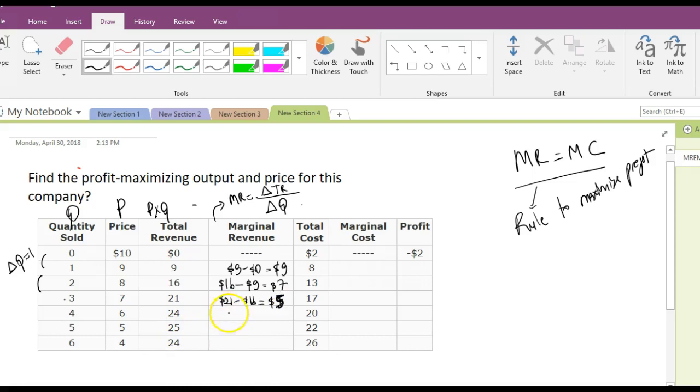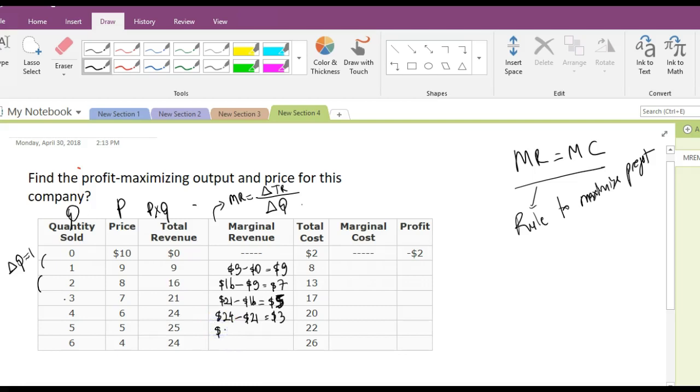And if I produce 4 units, that is going to increase my total revenue by $3, which is going to be my marginal revenue to produce 4 units. So let me write this down: 24 minus 21, which is $3. And if I produce 5 units, it corresponds to an increase in my revenue by $1.